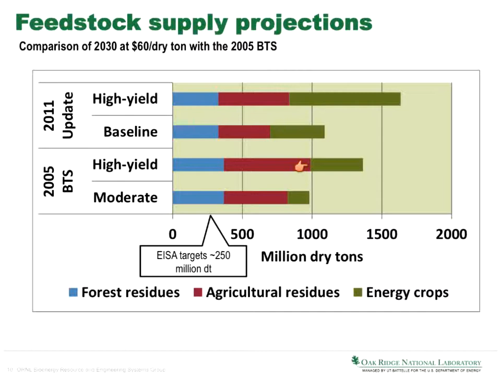With the inclusion of energy crops responding to markets, we have upwards of 1 billion tons modeled available, assuming a farm gate price.